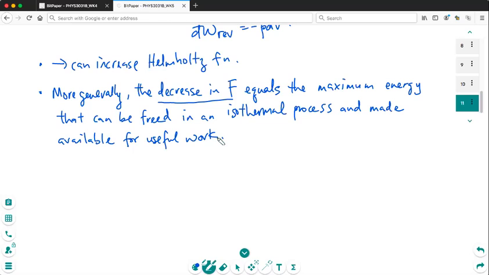But the amount F drops is actually the maximum energy that can be freed, reused, extracted to do useful work. In this sense, this is the amount that is freely available for you to extract work. And that's why this is also called Helmholtz free energy.